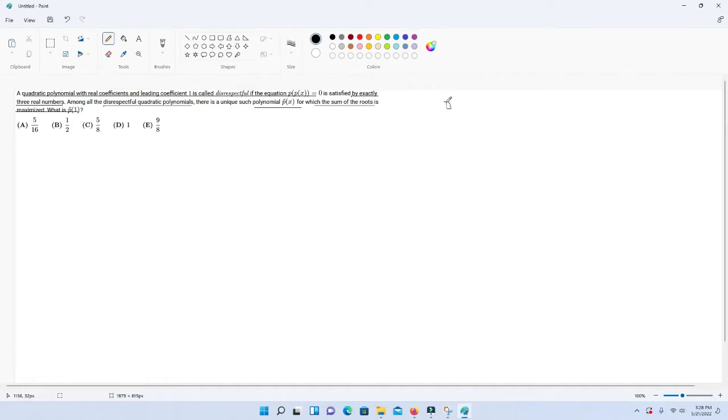So let's say we have some polynomial p(x) equals (x - r1)(x - r2). We put a = 1 because it says the leading coefficient is 1. Well, this is just the basic form of a quadratic polynomial.